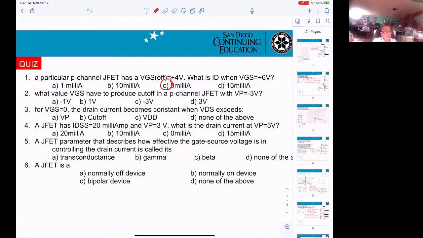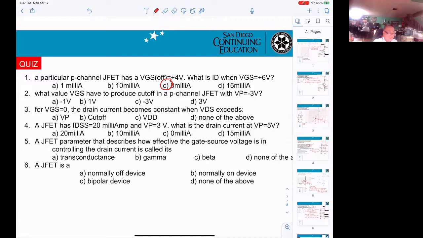Number 2. Answer is D. Let's see what the value of VGS off is. They have a cutoff for a P channel JFET, VP equals minus 3. P channel. So what answer?